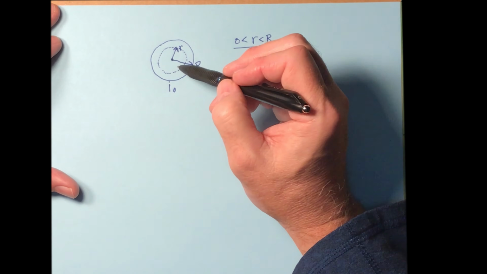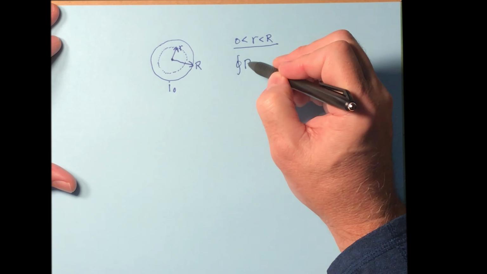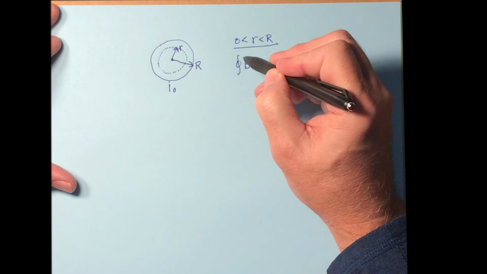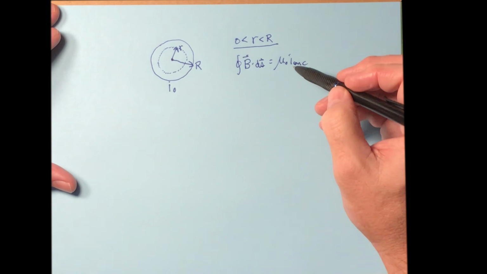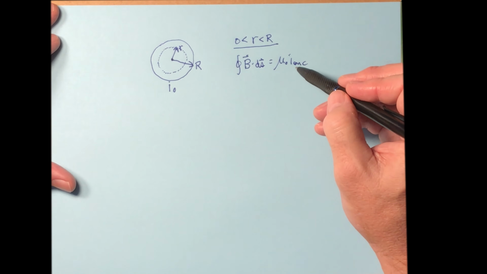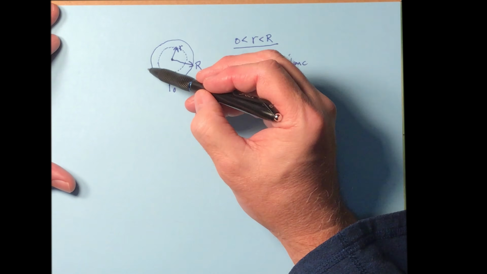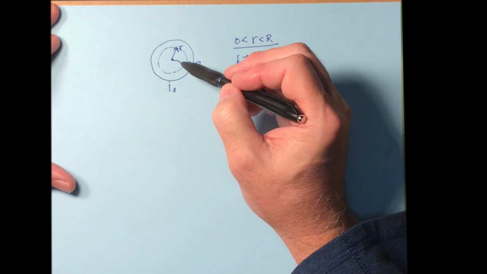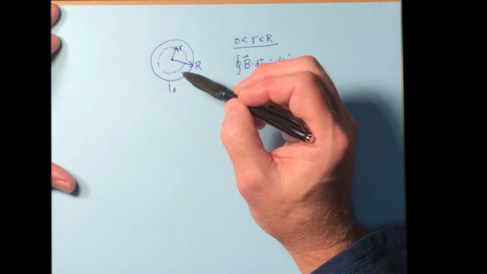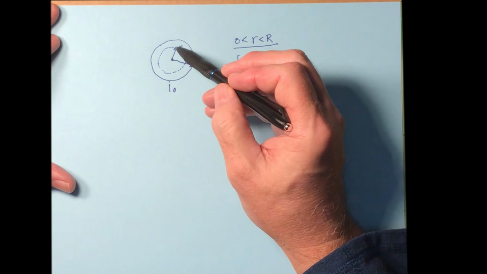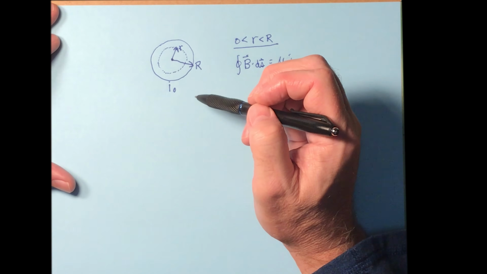Now the question becomes, if we write down Ampere's law, B dot ds is equal to mu naught times I enclosed, when we work this, what is the I enclosed? We know the entire current going through that wire and coming out of the page is I naught, but what is the current that's enclosed inside my Amperian loop? Obviously, that's not the whole thing.